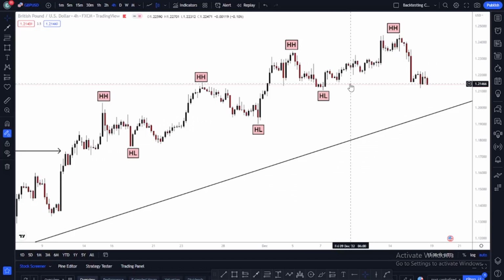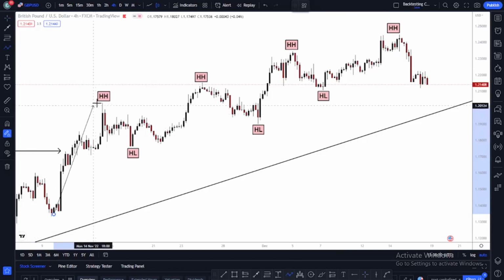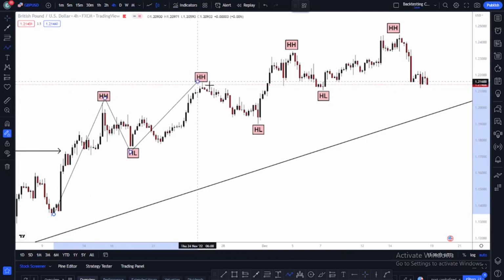And looking at our charts, what trend are we in? We're in an uptrend. How do we know? Because we can see a series of higher highs and higher lows being formed.